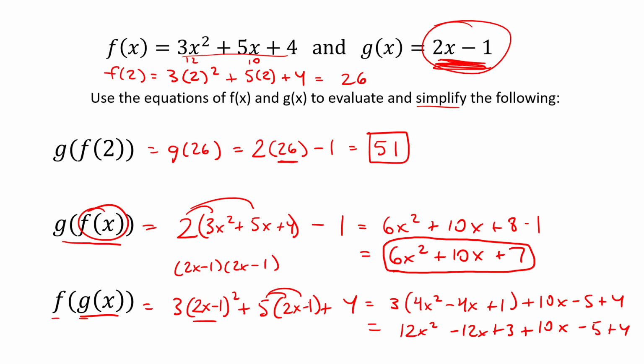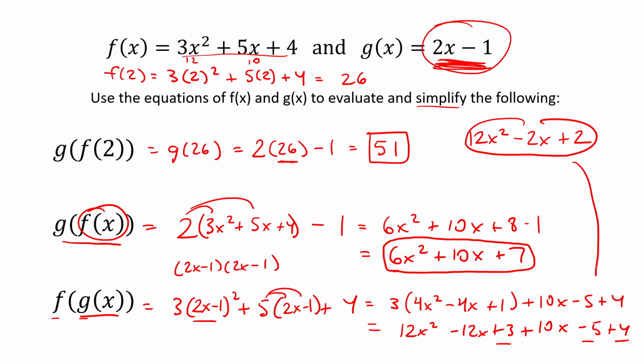All right, and then combining like terms, and I'll do it up here because I'm out of room. 12x squared, let's see, that'd be minus 2x. And then let's say plus 3 minus 5 would be negative 2. So plus 4 would be positive 2. Right, and that is our final answer.